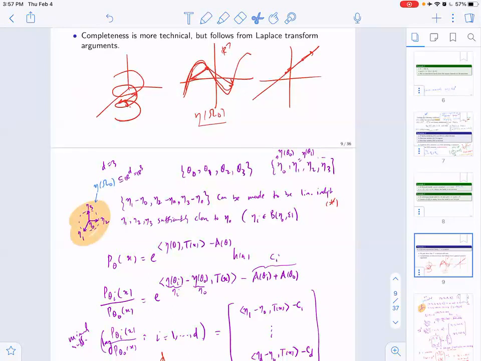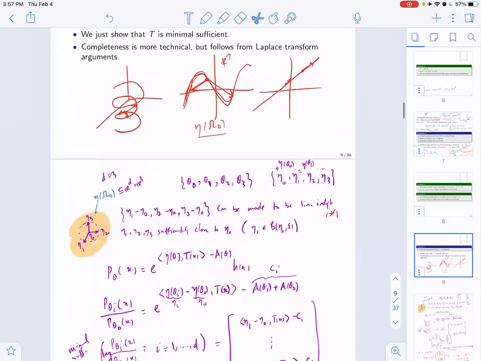But for minimal sufficiency, all you need is, for example, if you have this curve, eta omega is this curve, as long as I can put eta 0 here, eta 1 here, and eta 2, and these two are clearly linearly independent in R2, then this argument goes through and shows that the model, or T(X), is minimal sufficient. You can't further reduce T(X).